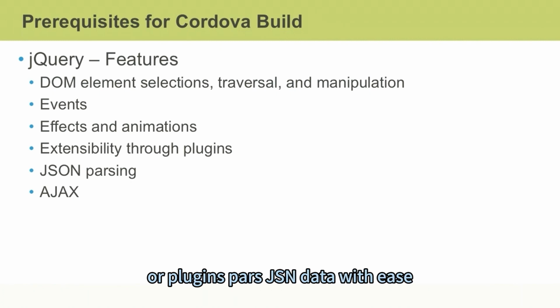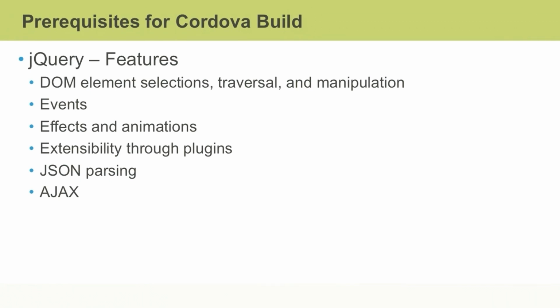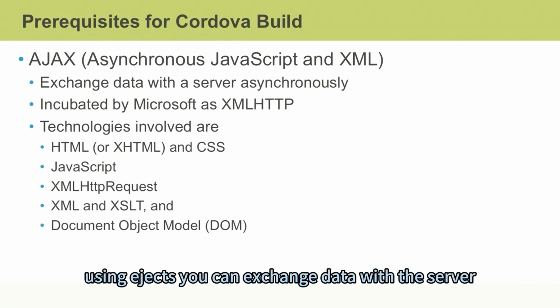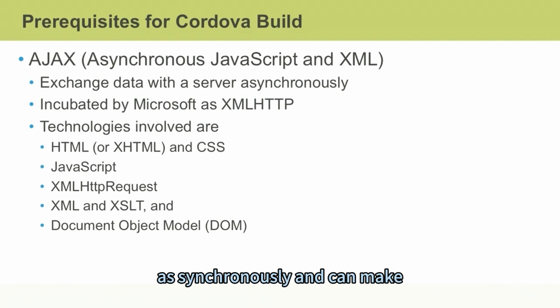Parse JSON data with ease. Handle AJAX calls and responses. AJAX. AJAX stands for asynchronous JavaScript and XML. Using AJAX, you can exchange data with the server asynchronously and can make multiple calls at the same time.